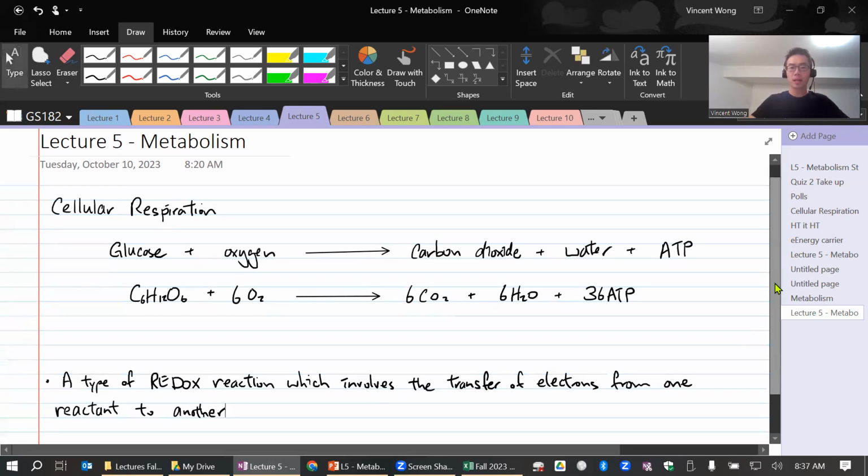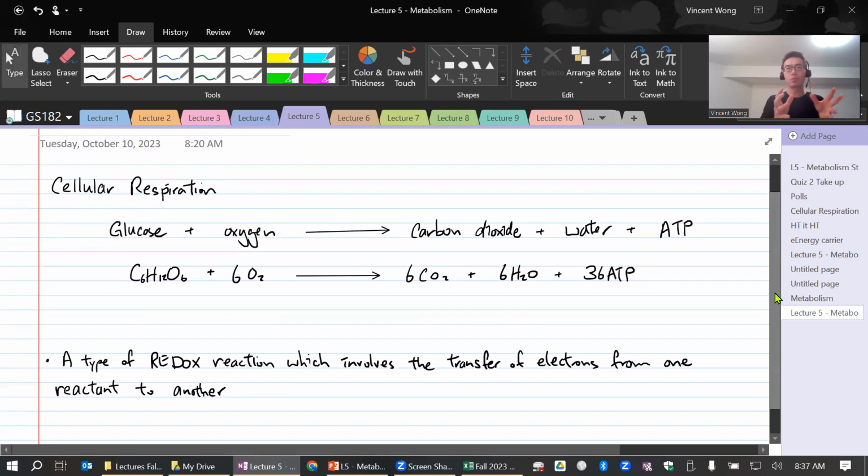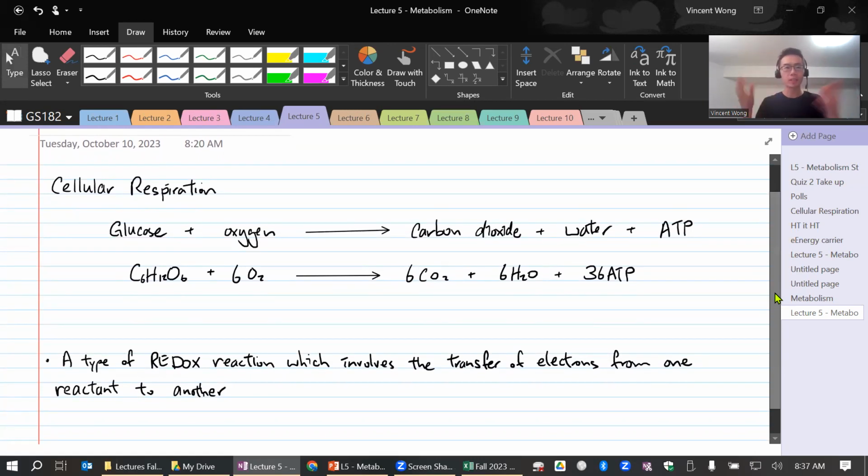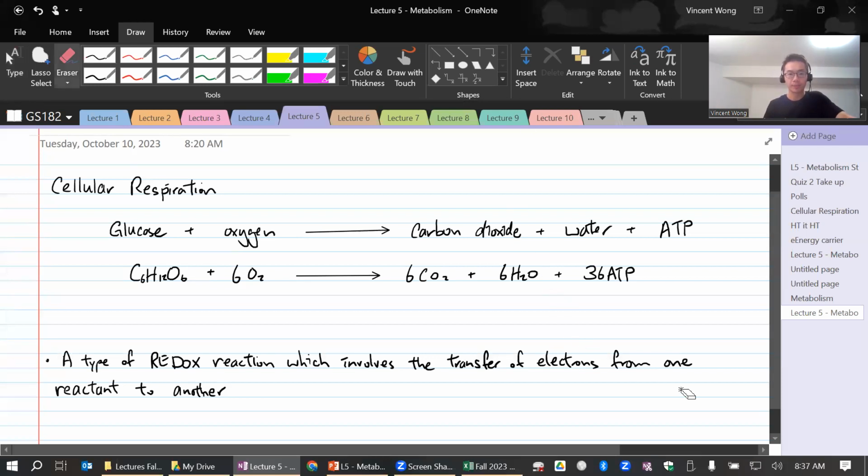That's what a redox reaction is. One reactant will be losing electrons, and then those electrons have to go somewhere, right? So another reactant will be picking them up. Right? So in this transfer of electrons, in this process, we say it is a redox reaction.